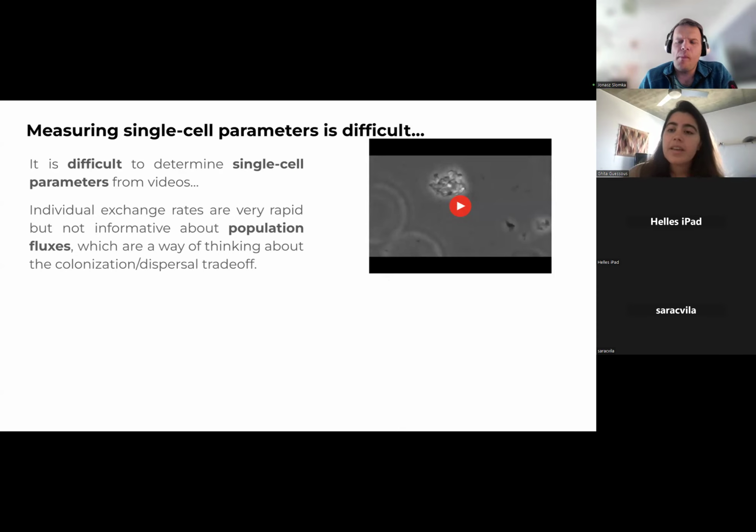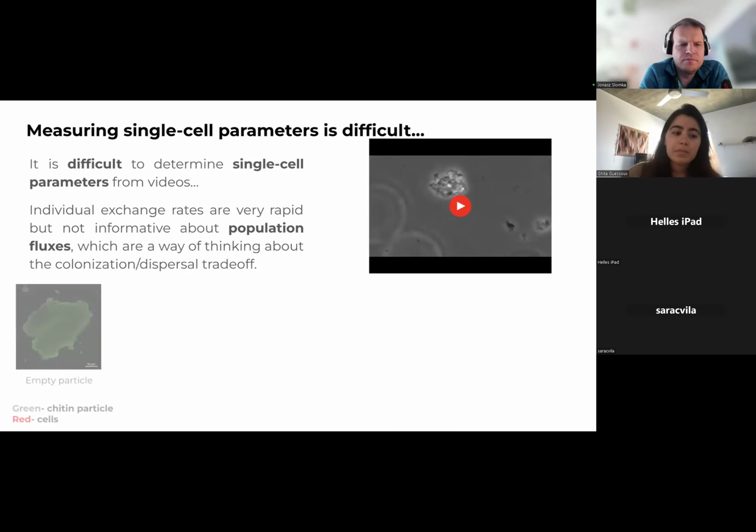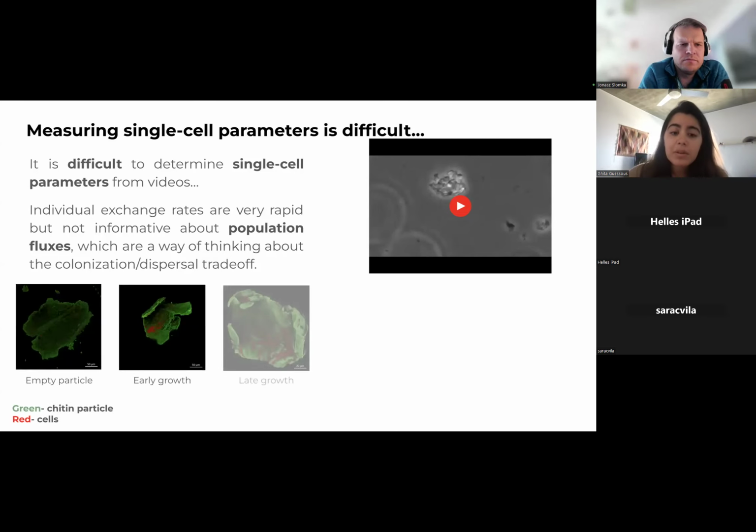The other thing, though, is that even if you're able to access this kind of information, it might not be the most useful, because what one cares about, perhaps on a more macroscopic scale, is population flux and population exchanges rather than single cell dynamics. We can do a little bit more microscopy and look at these particles and how they're colonized by some of these bacterial cells.